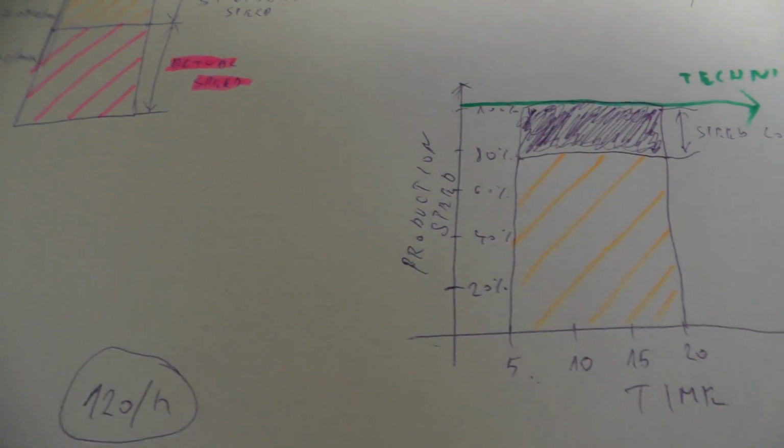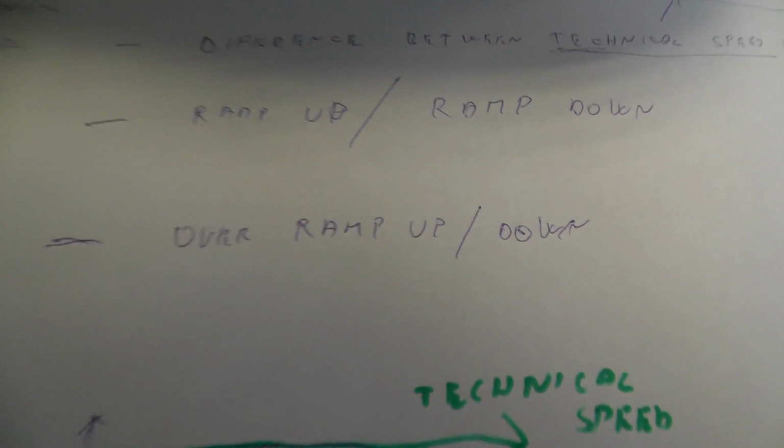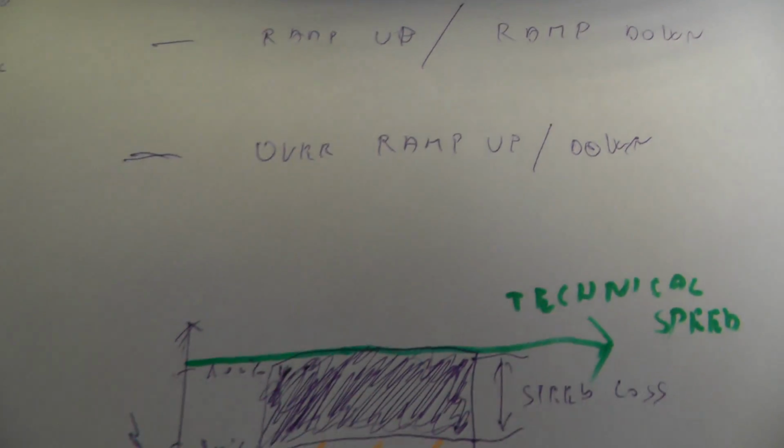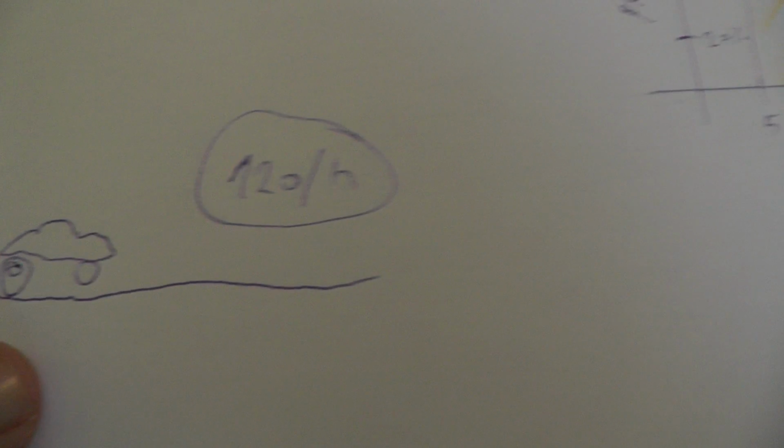So when we look at over ramp up and over ramp down, we can take again the example of the car.